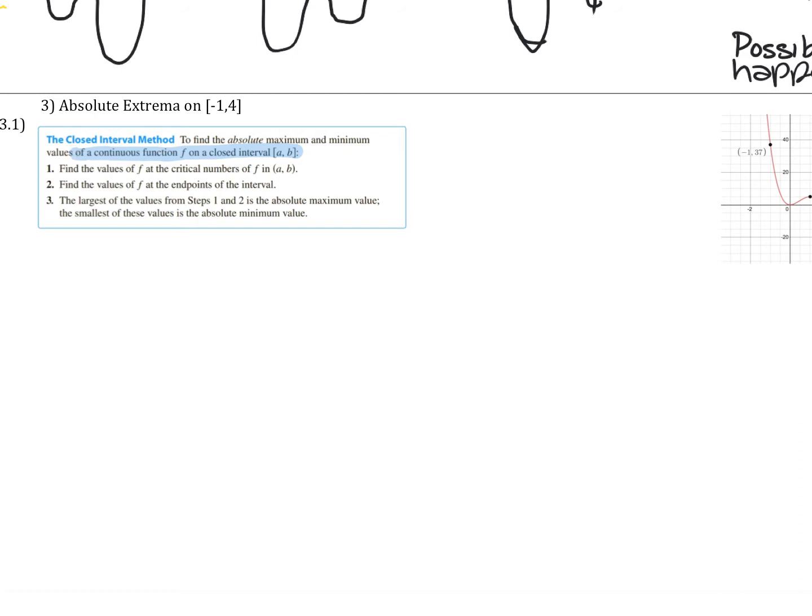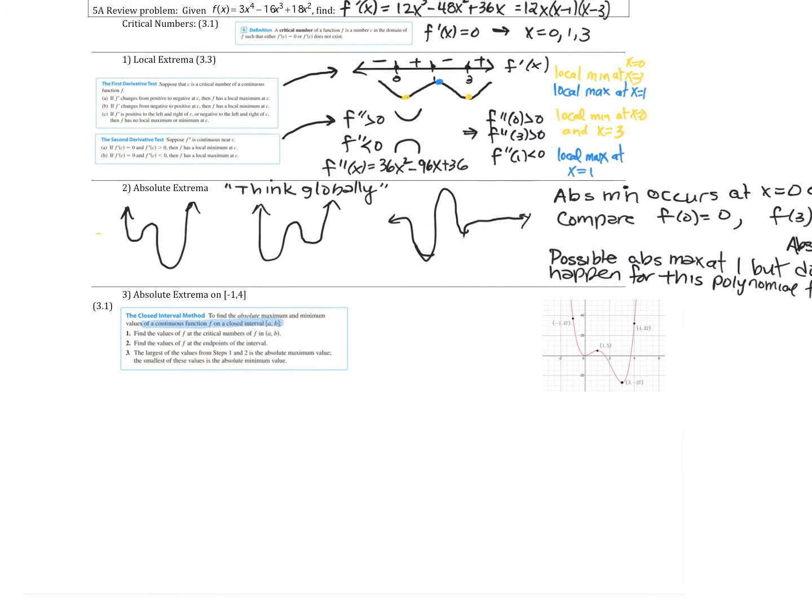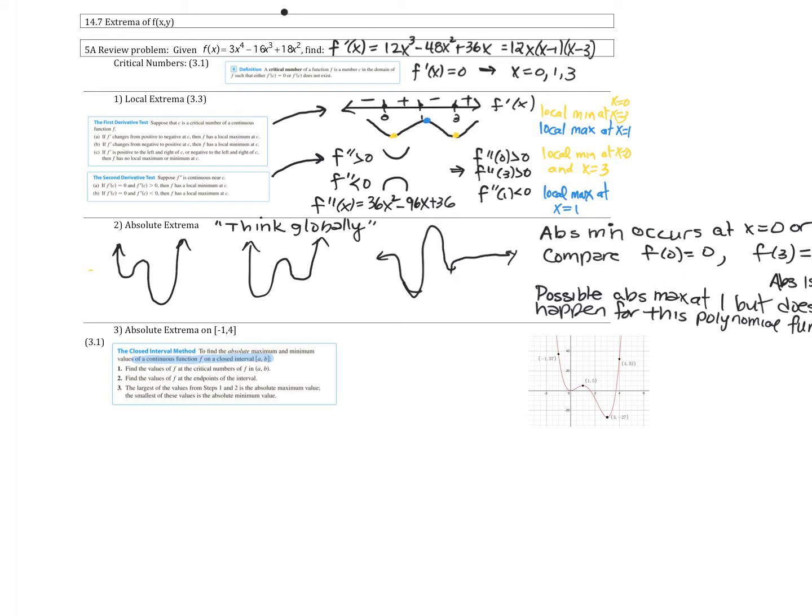So the case is twofold: continuous, closed interval. In the case of a continuous function on a closed interval, all we have to do, this is the closed interval method, it's in section 3.1, we find the values of f at its critical points, which we did back here already, so we find the critical points.